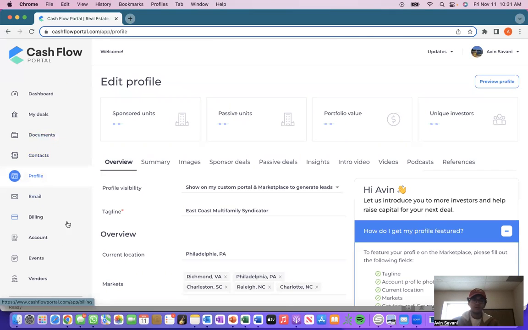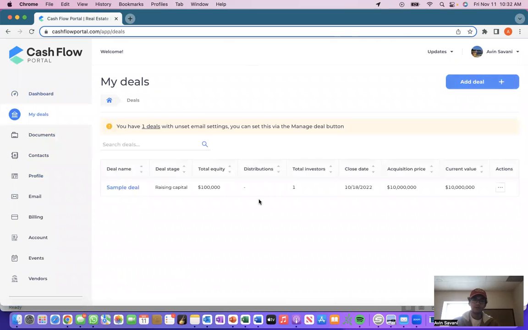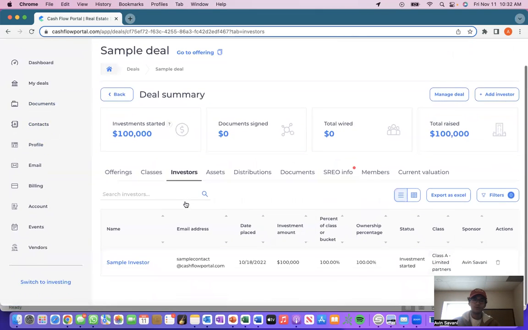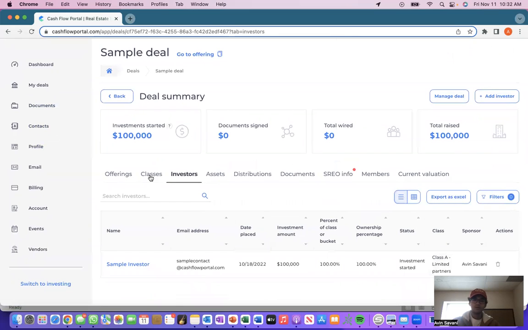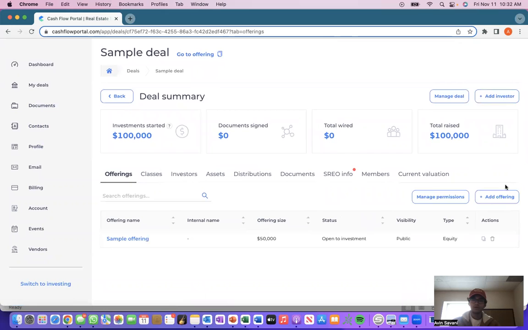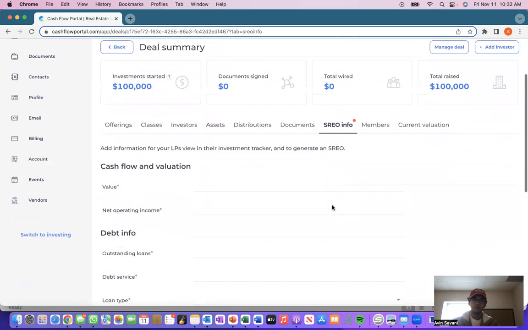And yeah, so with any deal, I also just wanted to show you this: when you create a deal, you can upload a lot of cool things. So you can see all your investors, you can see the offerings, right? SREO.